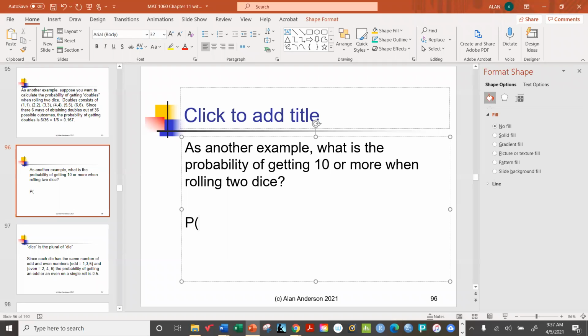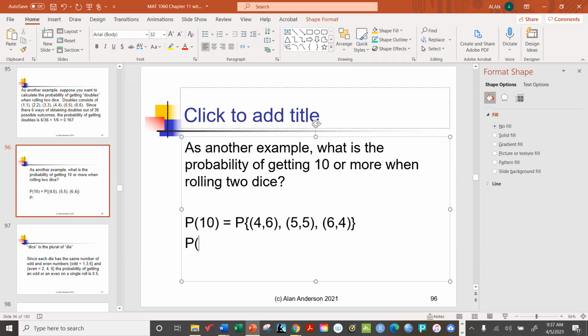Well, the probability of getting exactly a 10 equals the probability of getting either 4 and 6, 5 and 5, or 6 and 4.